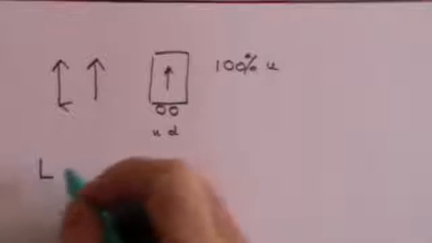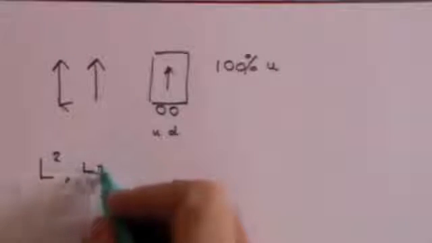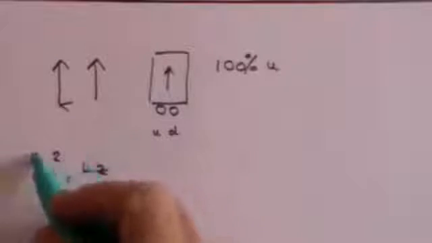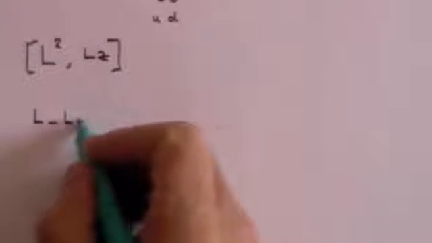So what I now want to know is, can you measure L squared, that is the total angular momentum squared, and the angular momentum along the z-axis at the same time? If you can, that commutator must equal 0. Well, we showed that L squared is L minus L plus Lz squared plus Lz.